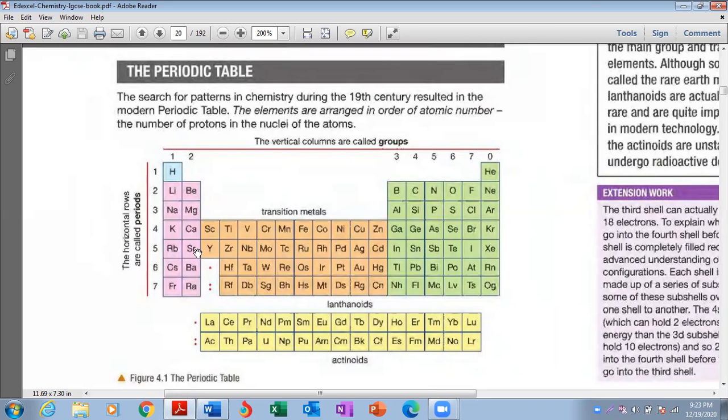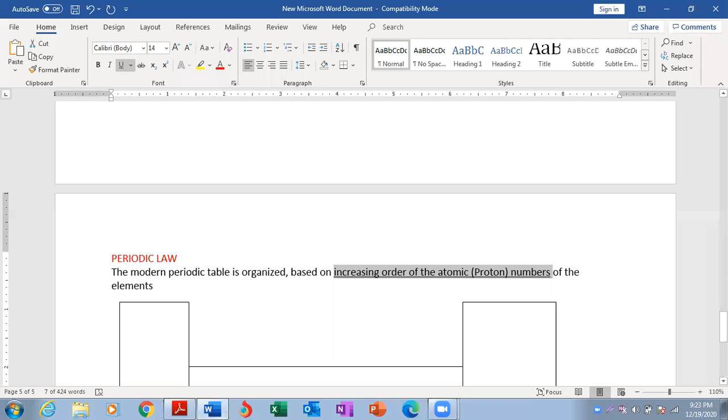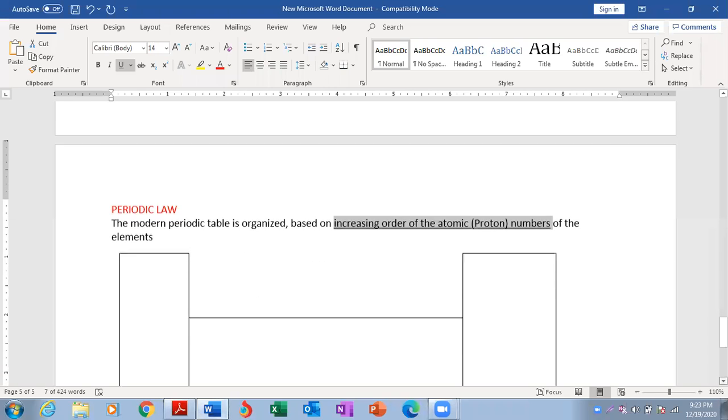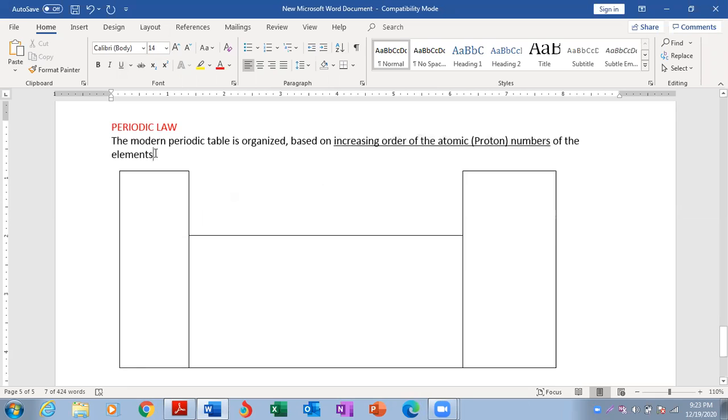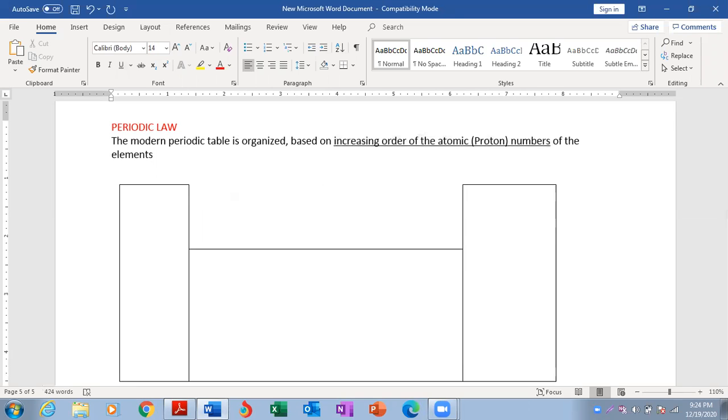I'm moving back to my screen here. The next thing that you need to understand: this periodic table keeps different kinds of properties. It keeps horizontal rows.